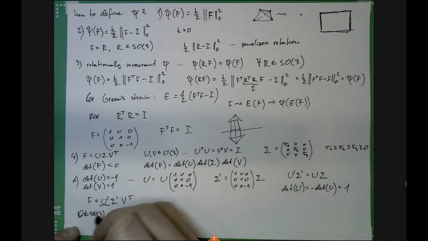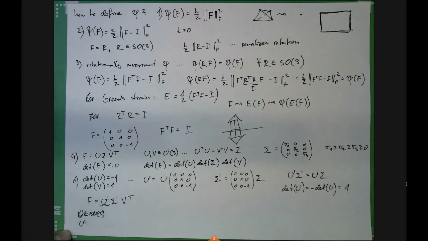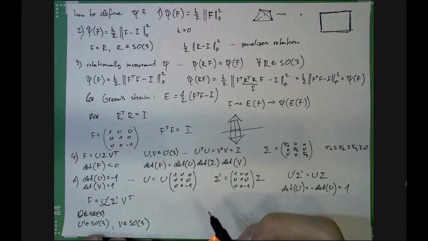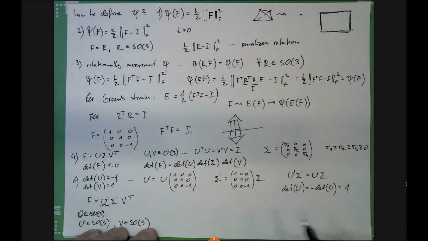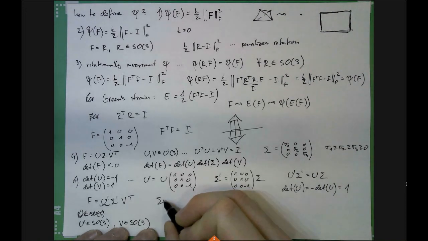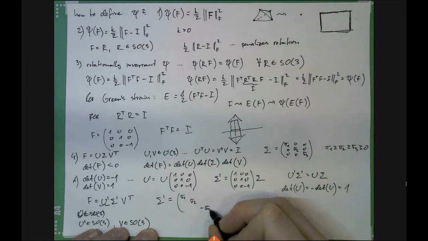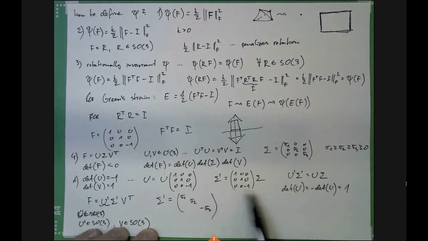Let me write it again. U prime is a rotation. V is a rotation. And something interesting happened to sigma, right? What is sigma prime? It's sigma 1, sigma 2, and minus sigma 3, because sigma prime is this matrix times this.